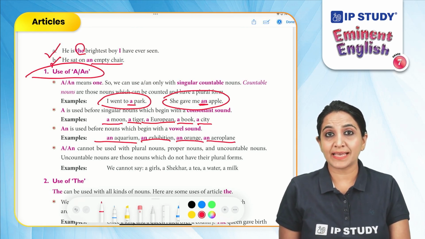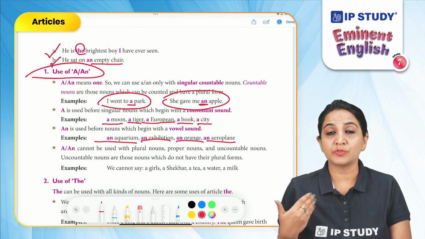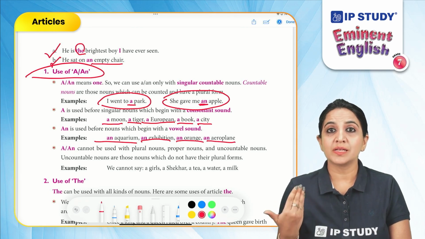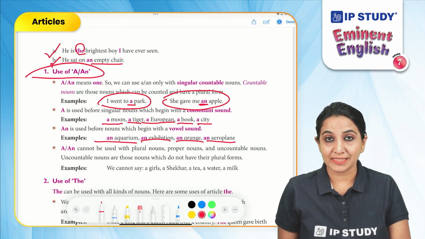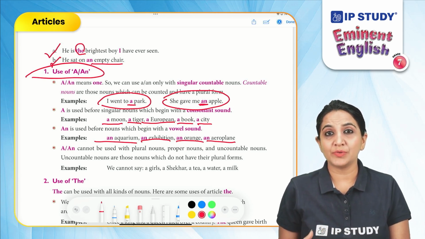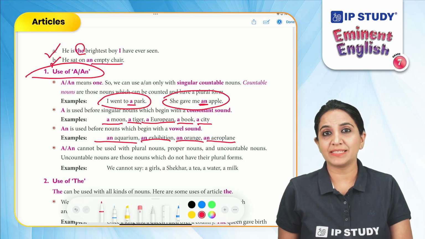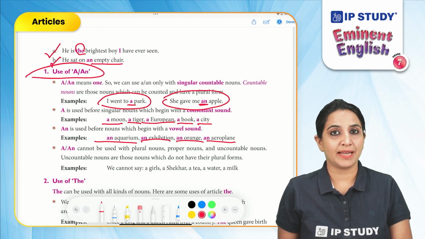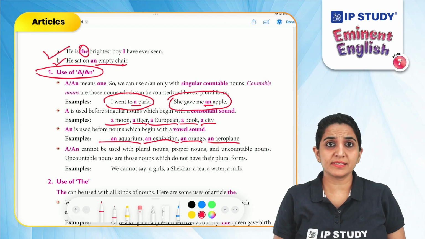In all of these cases, we have nouns with a vowel sound. That is the reason we are using an. There are some exceptions while using article an. For example, university, European. In those cases, you're not going to use article an. But why? They are starting with letter E.